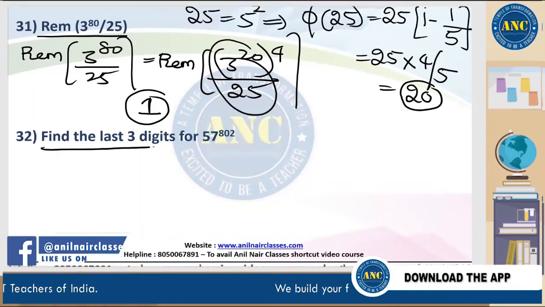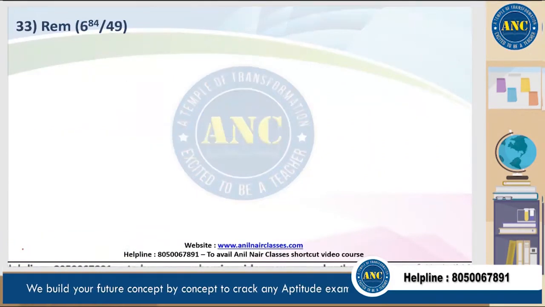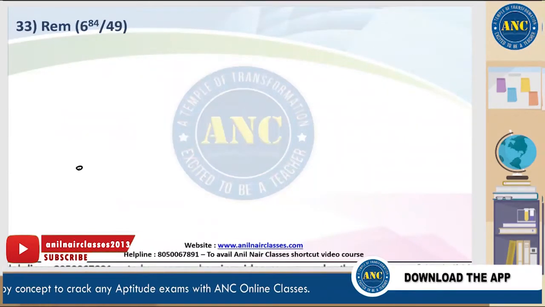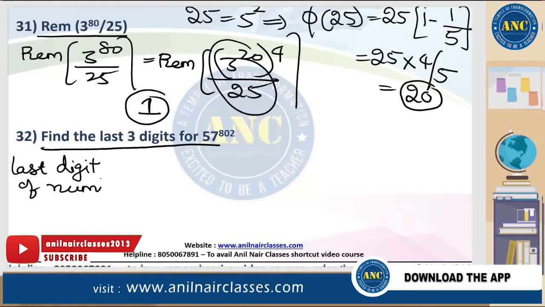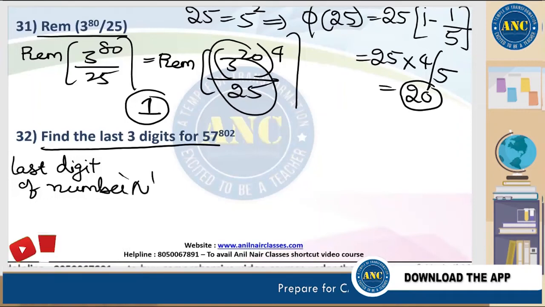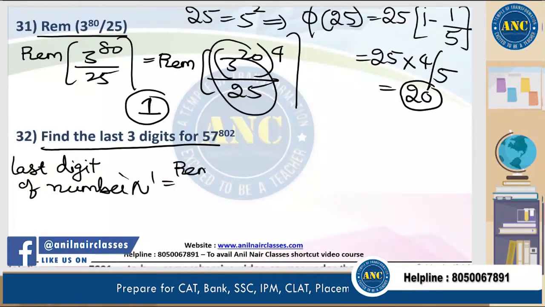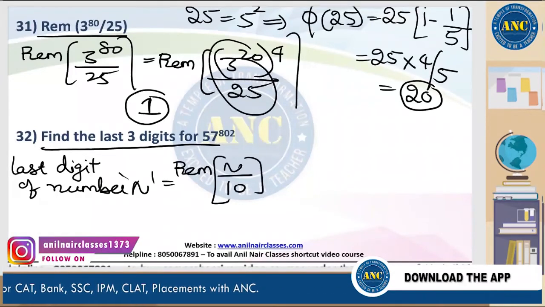32nd. Find the last 3 digits of 57 power 102. Remember, the last digit of a number n is nothing but the remainder when the number is divided by 10.